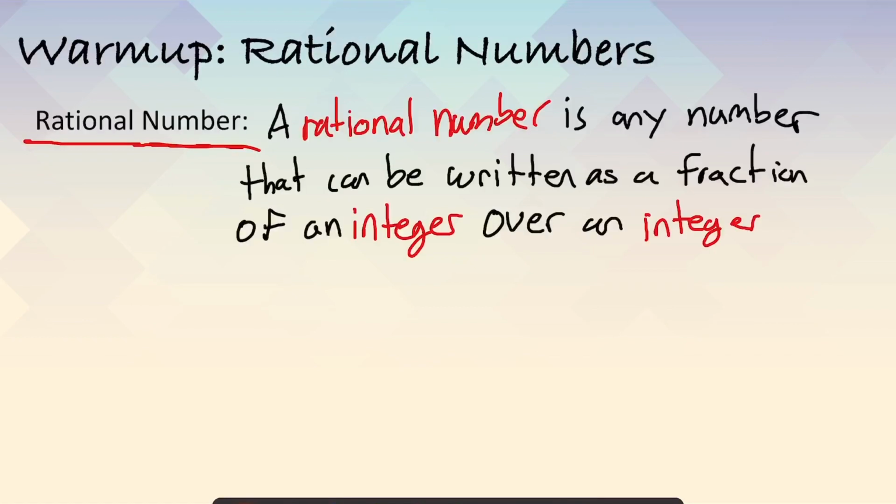All right, so a rational number is any number that can be written as a fraction of an integer over an integer. So what does that even mean?